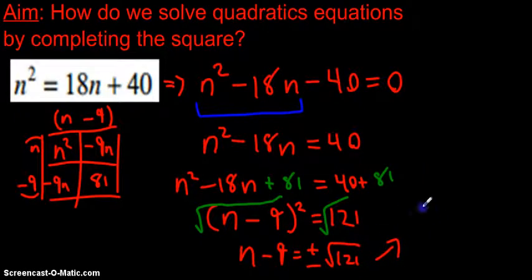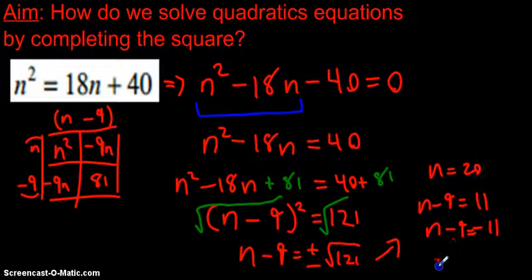We get n minus 9 is equal to, square root of 121 is 11, and the other version of this was negative 11. Alright, which gives us n equals 20 or n equals negative 2, which are the two answers we got before.